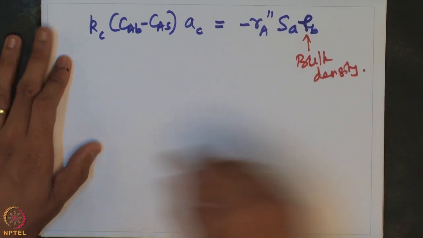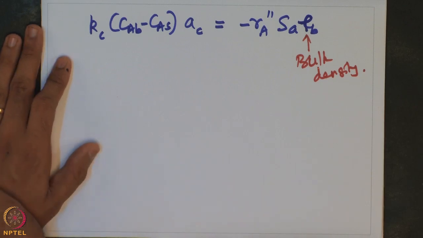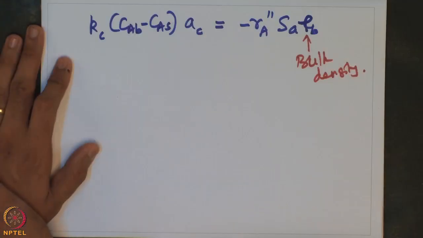So now we know this expression. What do we do next? We said that we want to assume a first order reaction. So we can now use the property of first order reaction to find out what this RA double prime is. Now how do we substitute that here?